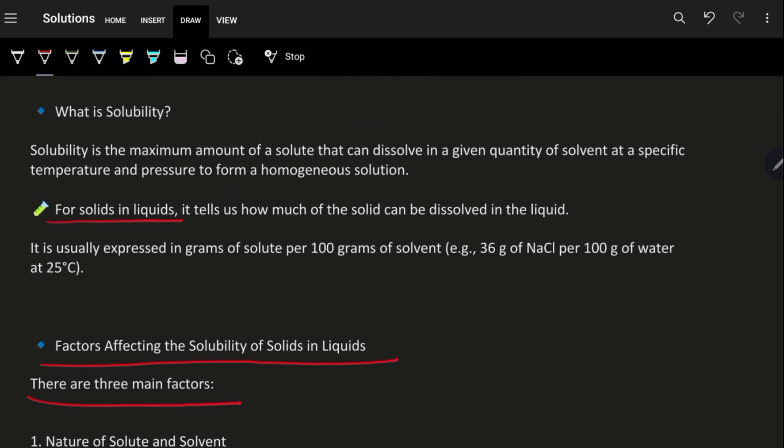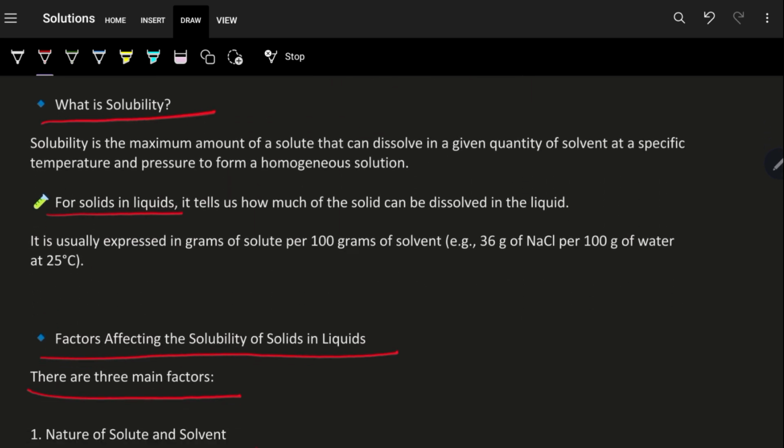Next, what is the solubility of a solute in a given amount of solvent? Solubility is the maximum amount of solute that can be dissolved in a given amount of solvent, of course at a particular temperature and pressure, in order to form a homogeneous solution.